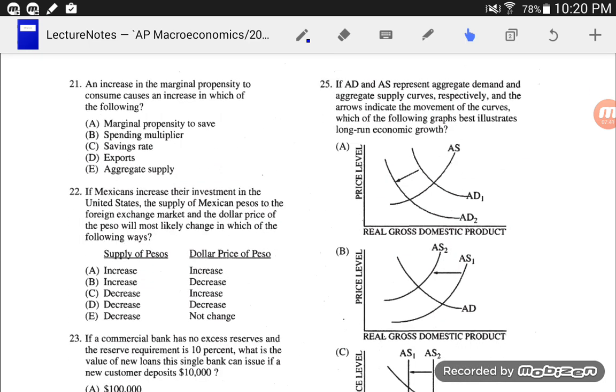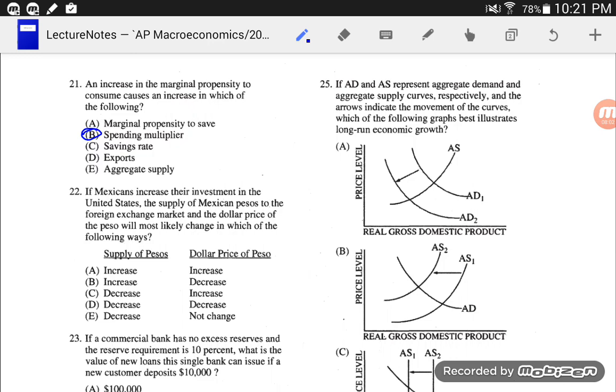Alright, 21. An increase in the marginal propensity to consume causes an increase in which of the following? The big idea there is the spending multiplier. That's the correct answer.